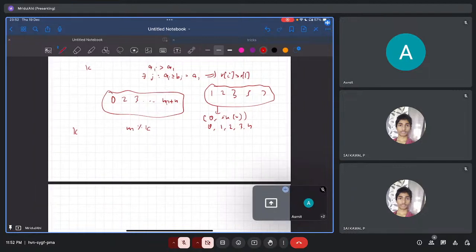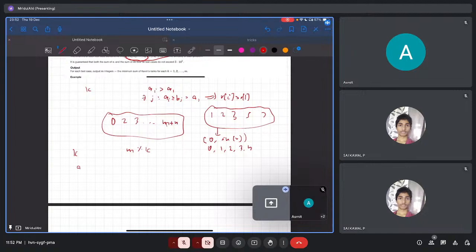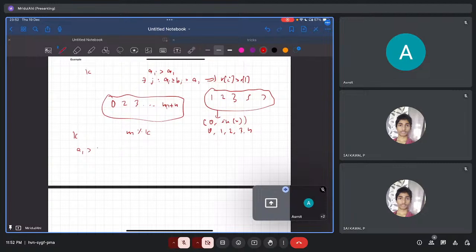So let the rating of the first participant be A1, and the problems of rating greater than A1 be x1, x2, x3, x4 in sorted order.